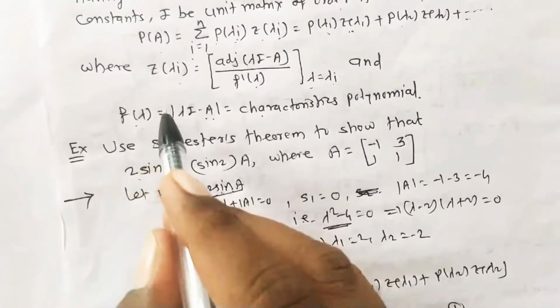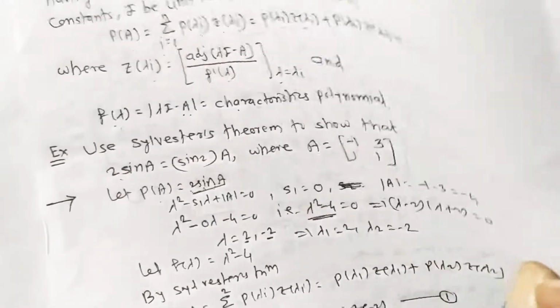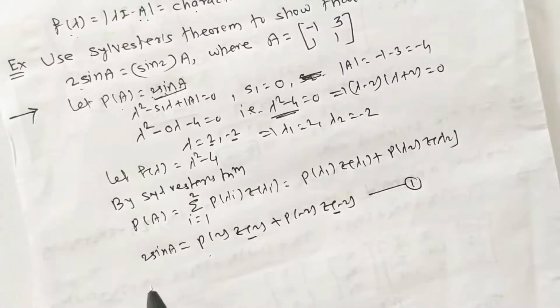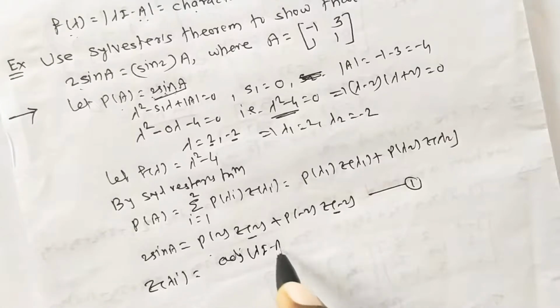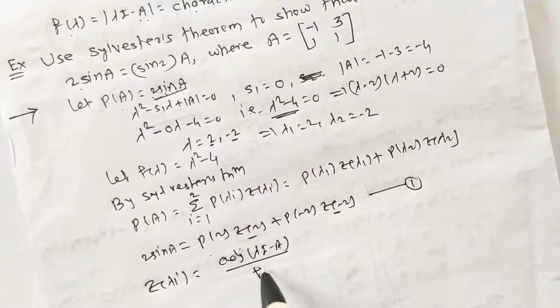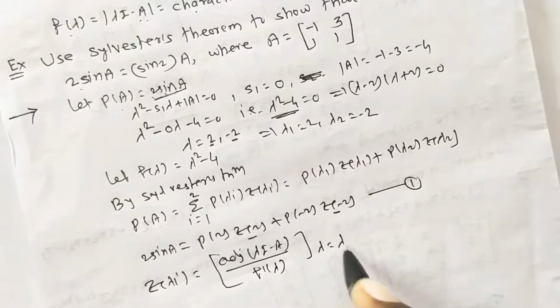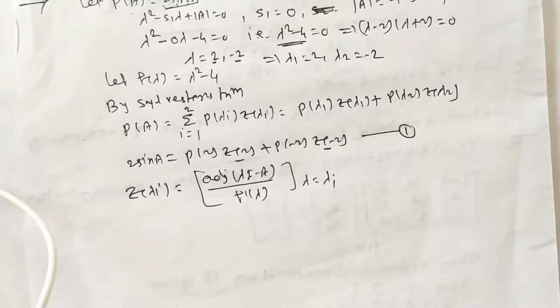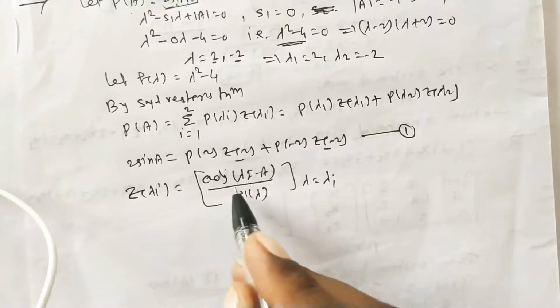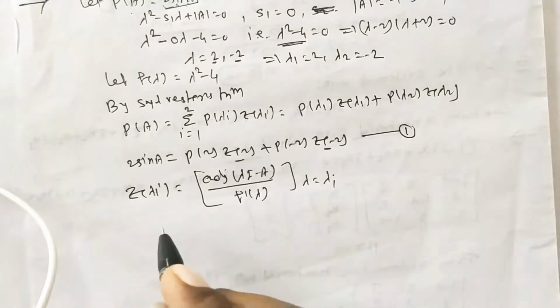For that we have to use this formula. We know that Z of lambda I is equal to adjoint of lambda I minus A upon f dash of lambda, where lambda is equal to lambda I. So for Z of lambda I we have to find the adjoint of the lambda I minus A matrix.